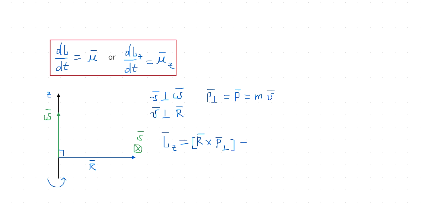Mass is a constant scalar, so it can be written outside the cross product. So we have r multiplied by v.